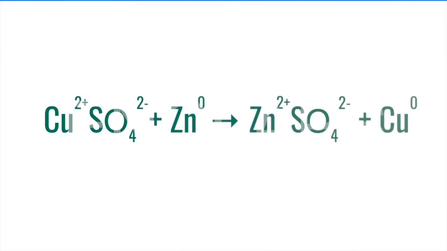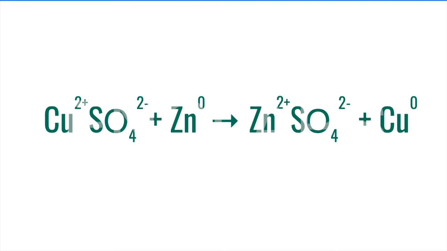Now, let's rewrite this equation in such a way that it also explains the oxidation state of the ions. What is the equation? CuSO4, that means Cu2+ and SO4 2-, plus zinc.